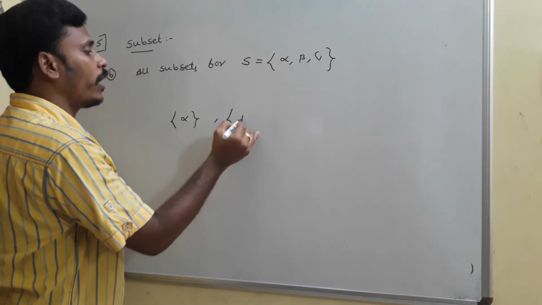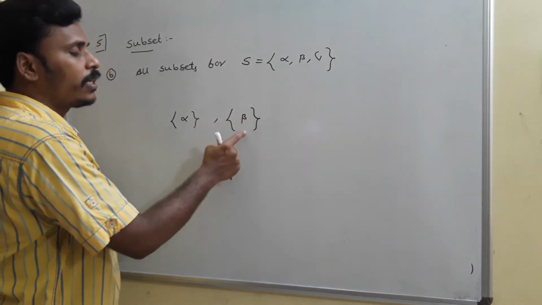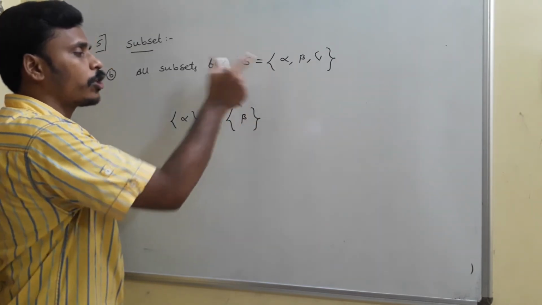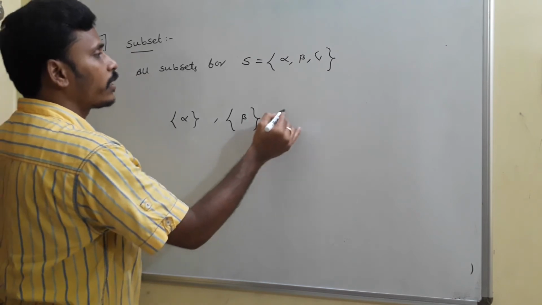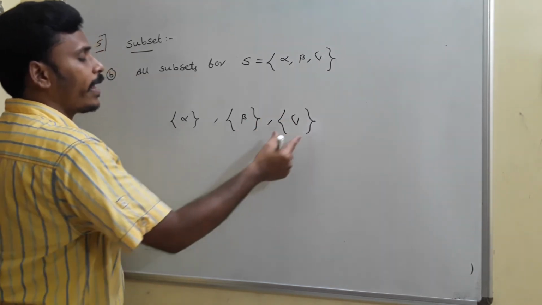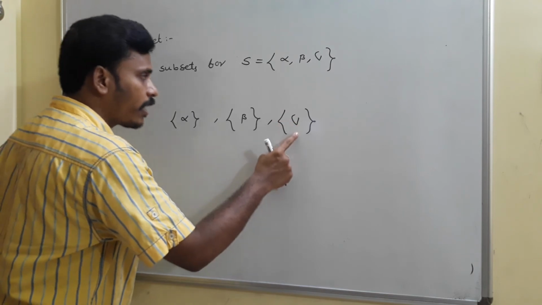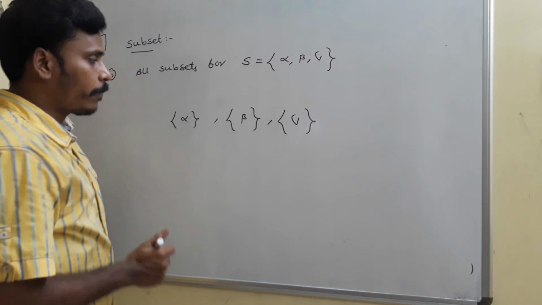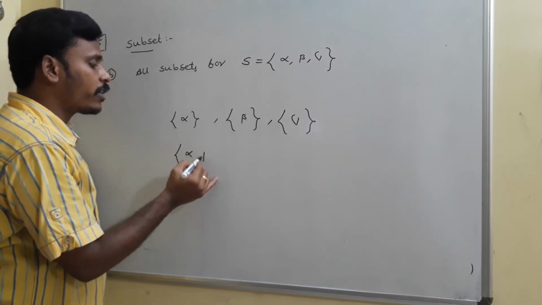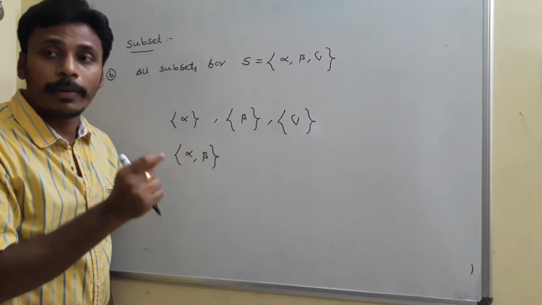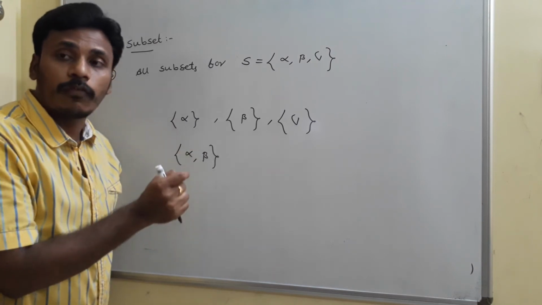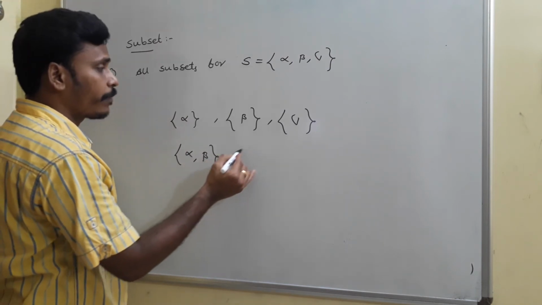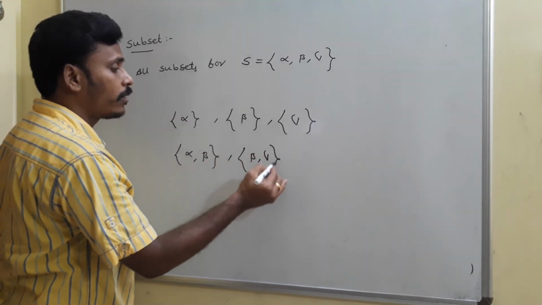And then for example, if you take the singleton {beta}, this is a set containing only one element beta, and that beta is in S. So this is a subset of S. And then the singleton {gamma}: a set containing one element, and that element is again there in S. So this is a subset of S. Likewise, I have a chance to write two-element subsets. It is a set containing alpha, beta, and these two elements are again there in S. So this is another subset. And if you take beta, gamma, that is another subset.